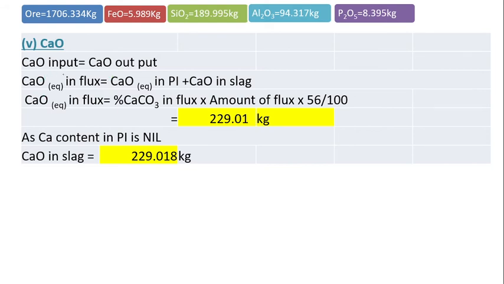Okay, so CaO input from the flux, that is in the form of CaCO3 in the flux, will go into the slag phase directly, because there is no calcium content in the pig iron, so that will give rise to 229.018 kg of CaO in the slag.